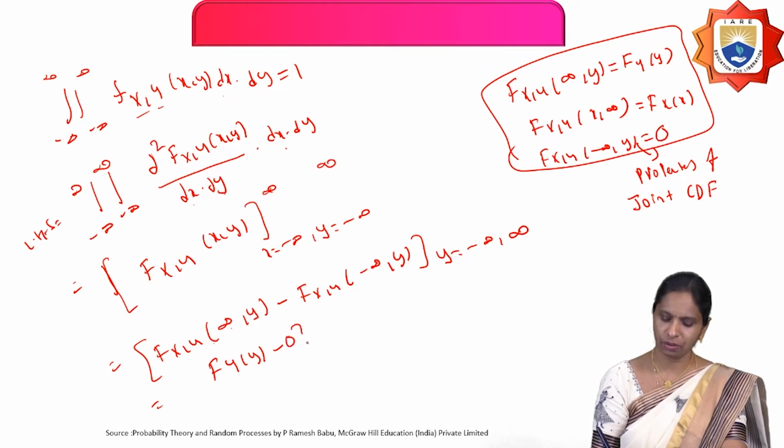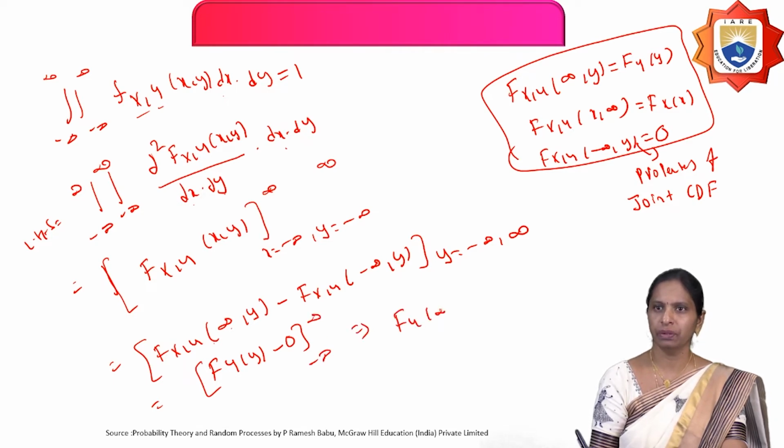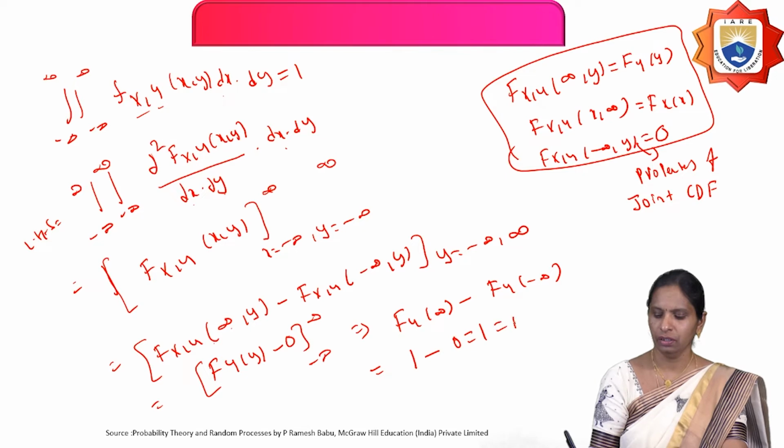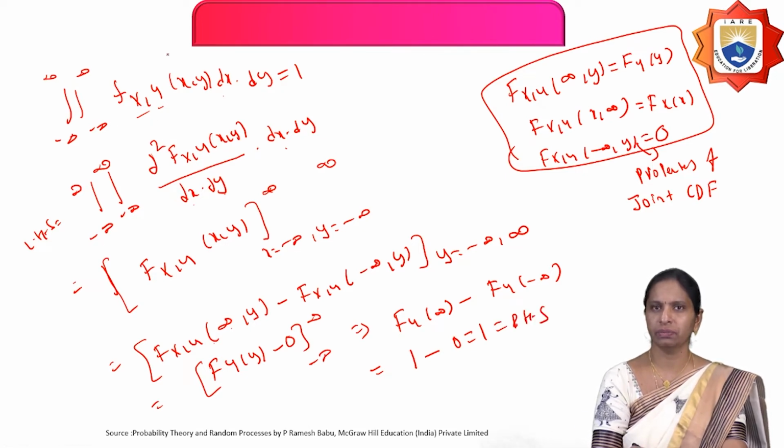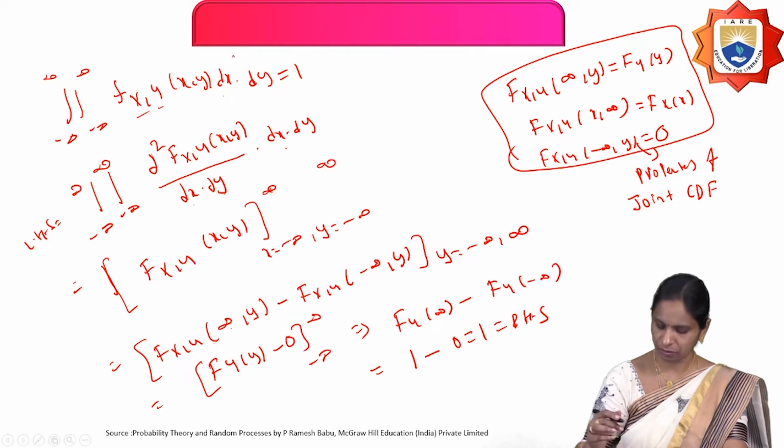Therefore, this is 0 and the limits are from minus infinity to infinity. That implies F_Y(infinity) minus F_Y(minus infinity). What is F_Y(infinity)? From the properties of the distribution function, that value equals 1 and F_Y(minus infinity) equals 0. That equals what? 1. So, therefore, we can say that the area under the joint density function is equal to 1.